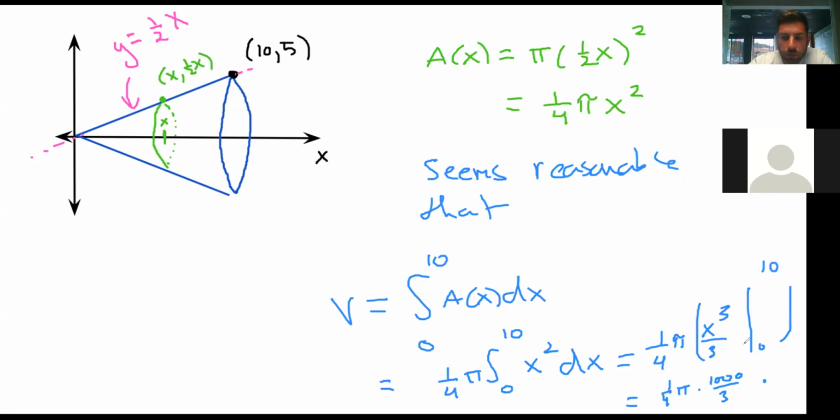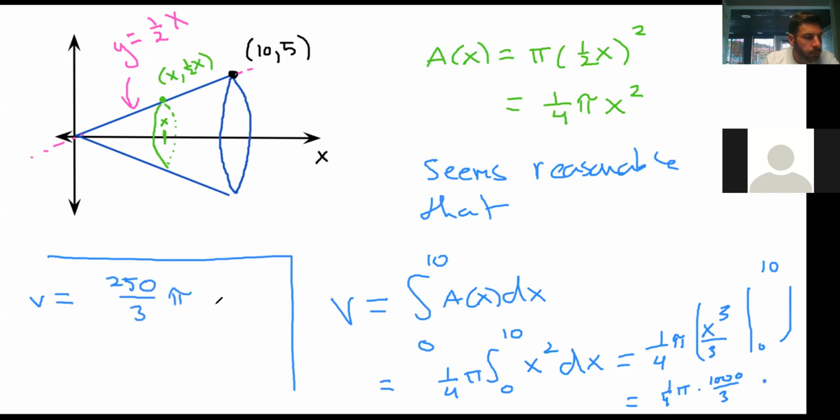So if you do some arithmetic, if you simplify that number, that's 1,000 over 4, which of course is 250. So if I simplify this, I get the volume is 250 over 3 times pi.